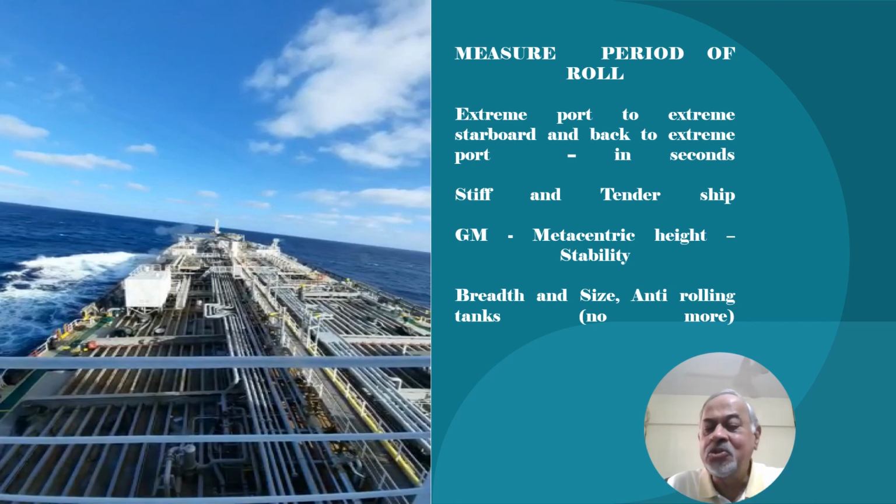To reduce this period of roll, sometimes older ships used to be fitted with anti-rolling tanks. But nowadays they don't fit anti-rolling tanks any more. Not many ships you will find with anti-rolling tanks because of the free surface effect, which adversely affects the stability of the ship.